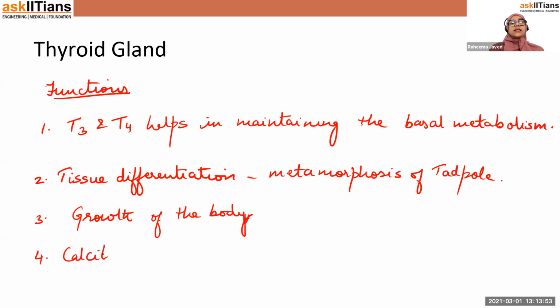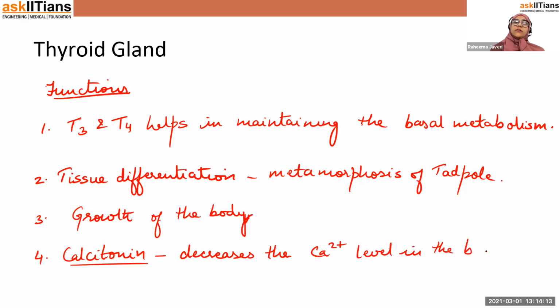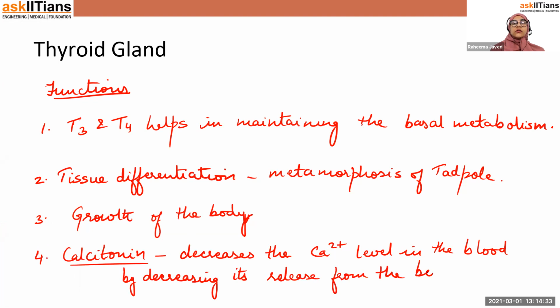Okay, next is calcitonin. Calcitonin is responsible for maintaining the calcium and phosphorus balance of the body. Okay, so it decreases the calcium level in the blood by decreasing its release from the bones.